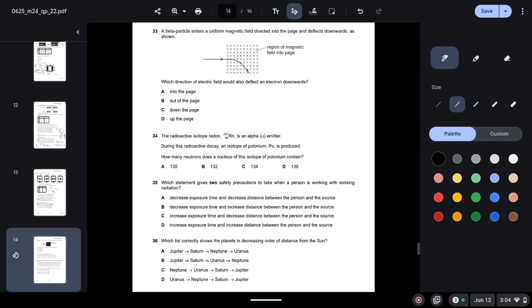When you use the left hand rule, you will see that when the direction of electric field is up the page, it will have the same effect on the beta particle. You can try this using the left hand rule.